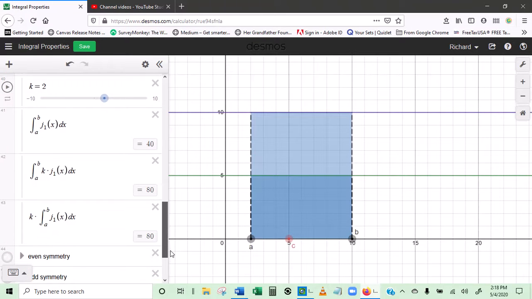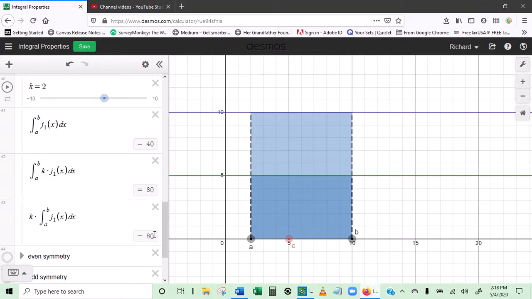Now, all I mean to tell you is simply this: this constant, which in this case is a 2, is just a coefficient inside the integral, you understand, and we can take that and move it to the outside. And so we get k, which is 2, being multiplied on the outside of the integral.